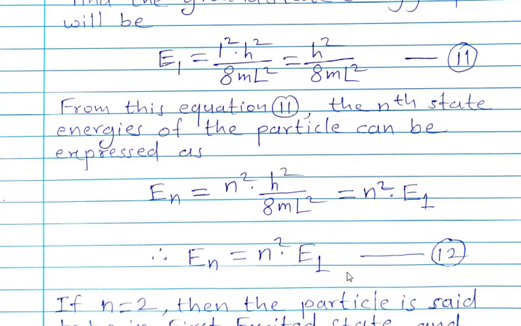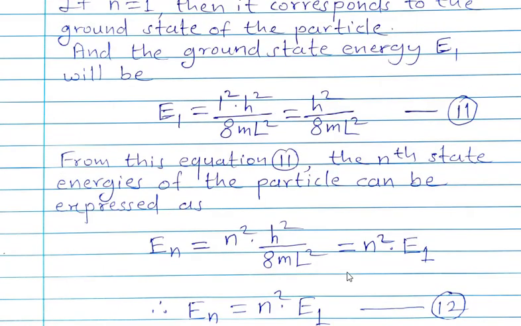So this clearly indicates that the possible energies of the particle will be either E1 or n square multiple of E1.